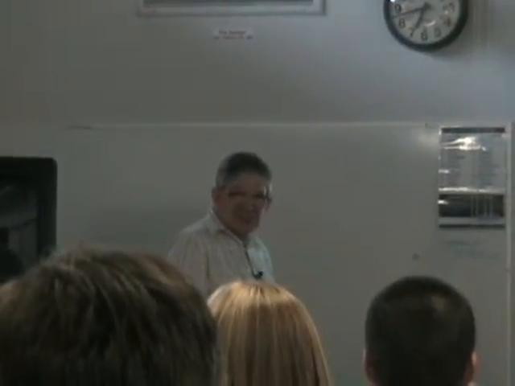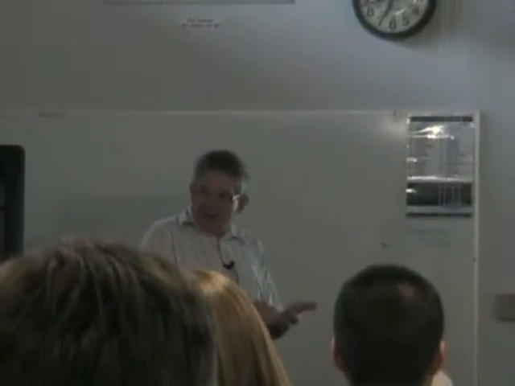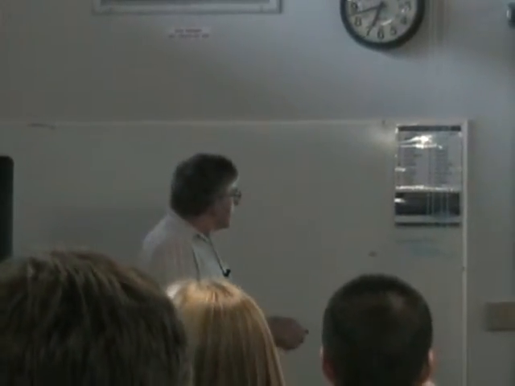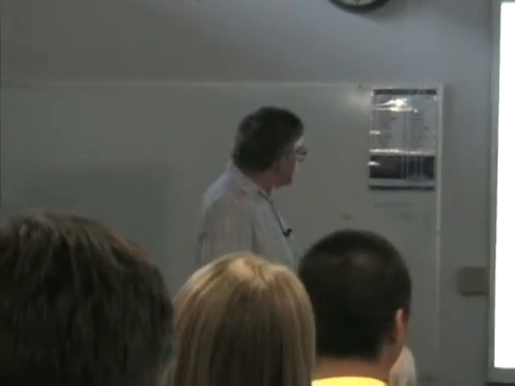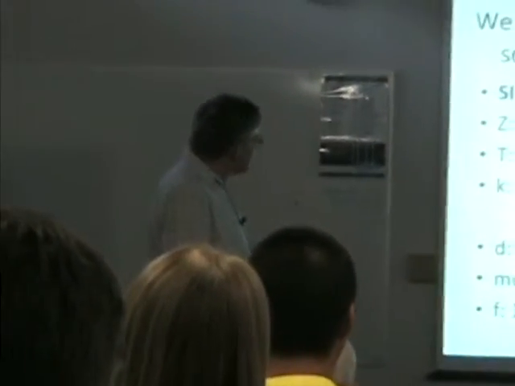So 350 exajoules is the total world use of energy. Very basic numbers. You just have to realize you're dealing with a lot of zeros after it. But in terms of ease, that's where we're going to work.